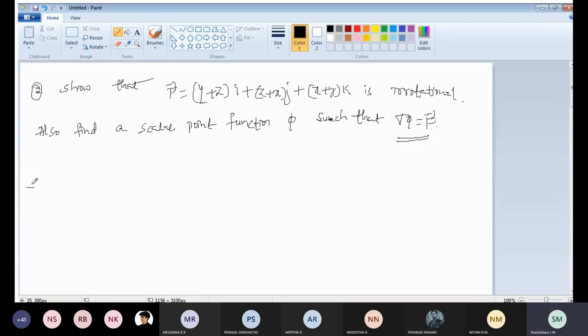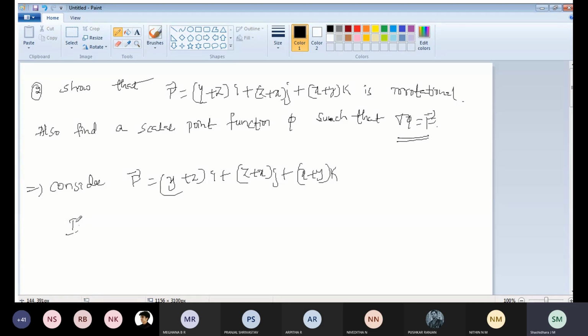Now listen. We have to prove that f equal to (y plus z) i plus (z plus x) j plus (x plus y) k is irrotational. What is irrotational?